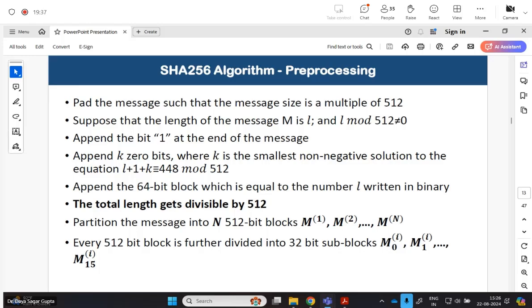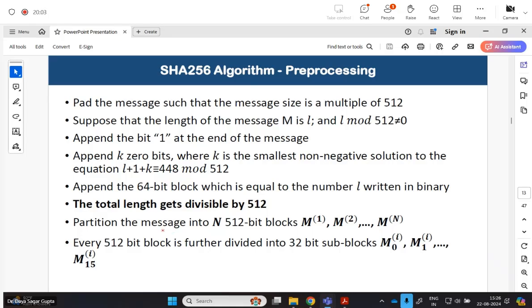You need to add the 64 bits so that it will become a 512-bit number. What is the 64-bit block? The 64-bit block will be the binary value of L, and L is the message size.